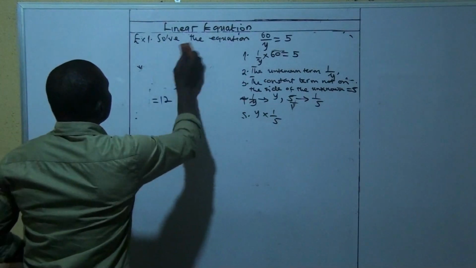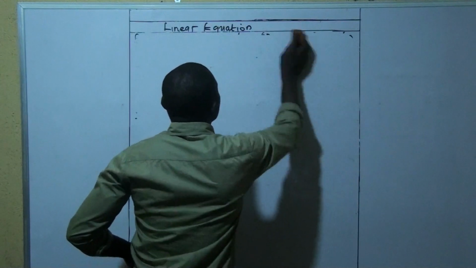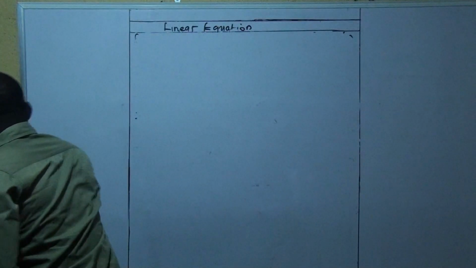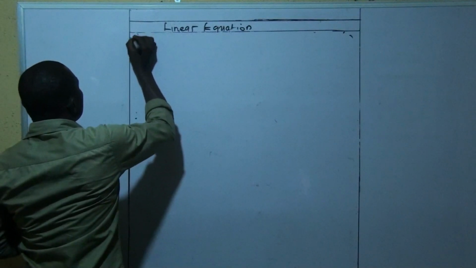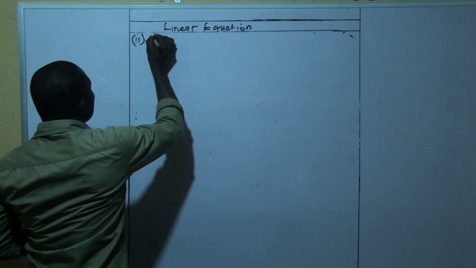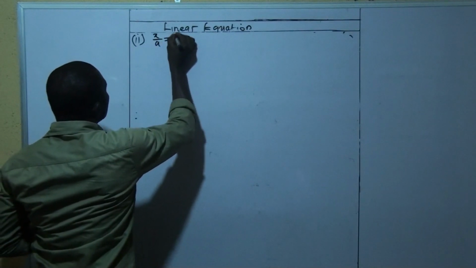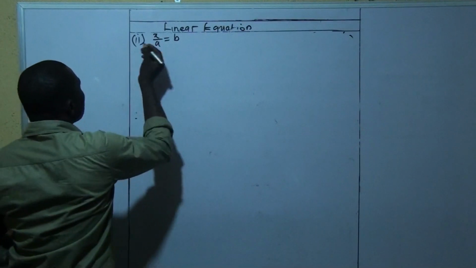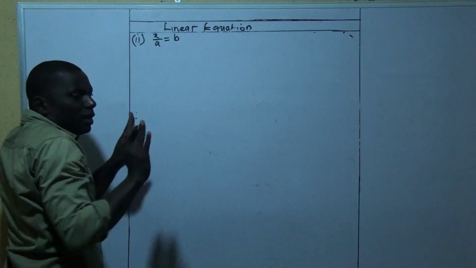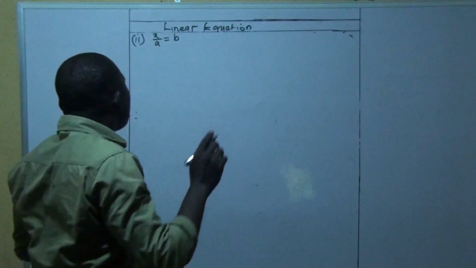Now quickly, let's look at the steps that we need to follow if we have a linear equation of the form x over a is equal to b. The steps are not quite different, just a slight difference.